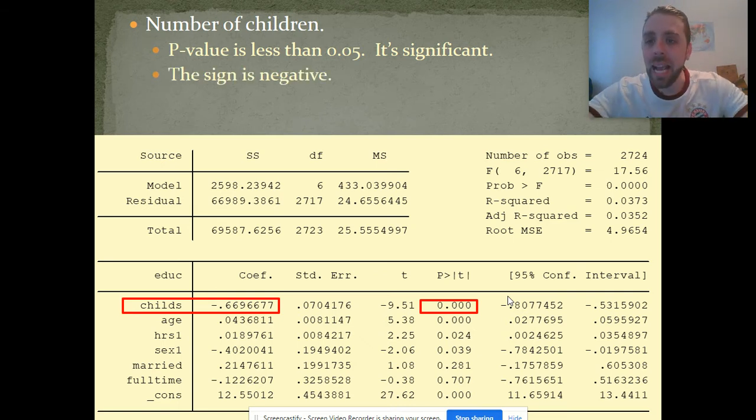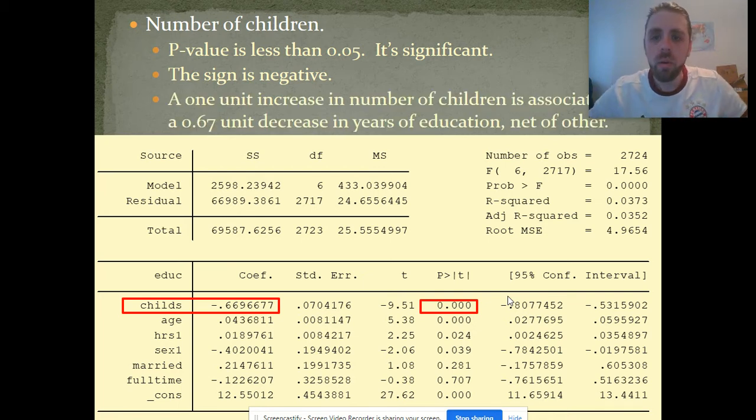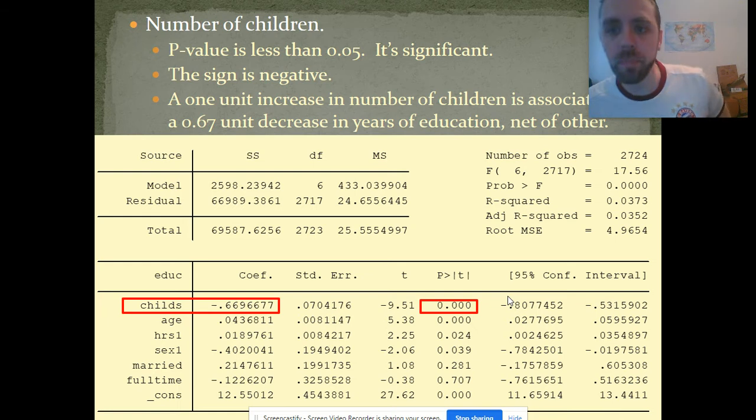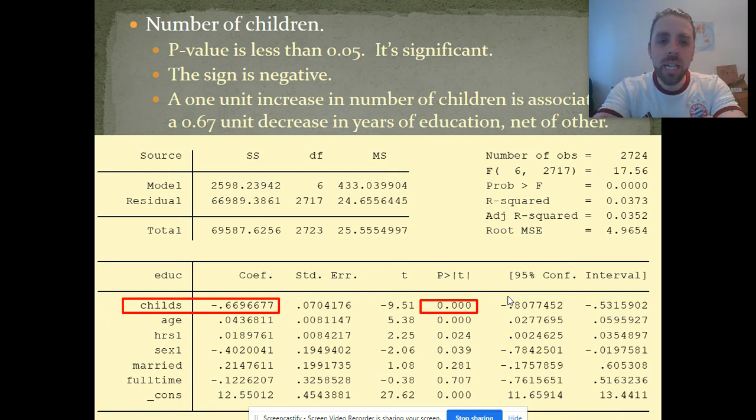The sign is negative, meaning that an increase in number of children is associated with a decrease in years of education. So here's my interpretation. A 1 unit increase in number of children is associated with a 0.67 unit decrease in years of education, net of other effects.